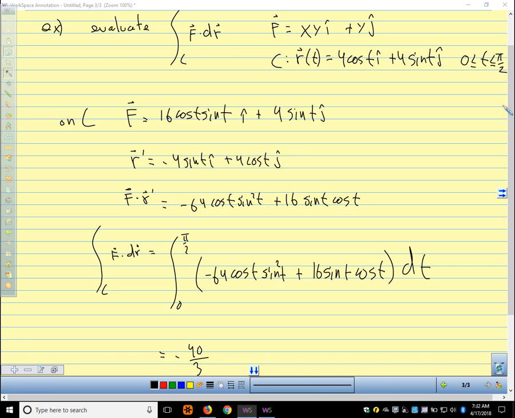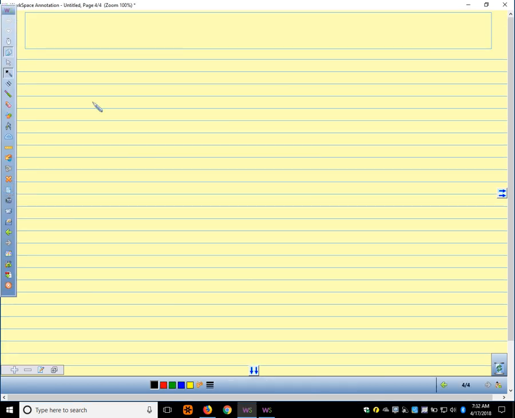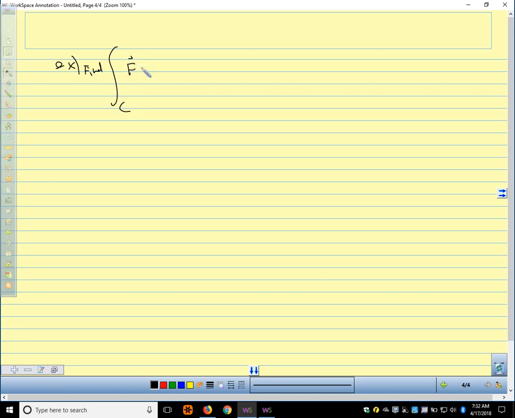All right, let's look at a three-dimensional vector field, a three-dimensional example. We want to find the integral of F dot dr, where our force is x squared i hat plus y squared j hat plus z squared k hat.